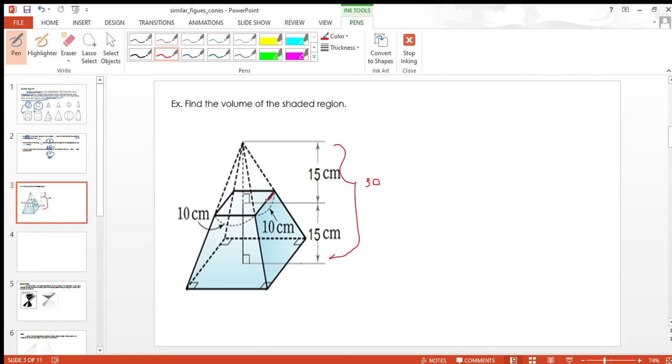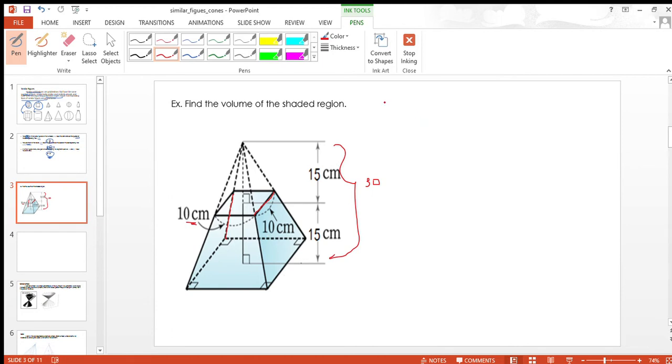This is equal to 10. So it's the side of one of the, this is a square base, so one edge is 10, while the 10 centimeters here is this section. Okay. So how do we now get the volume of this shaded region?